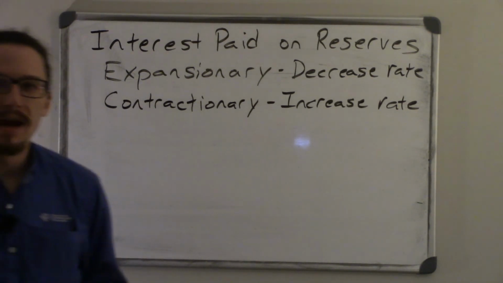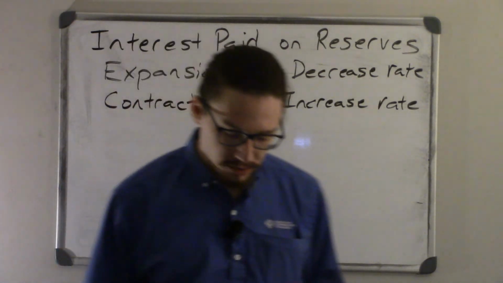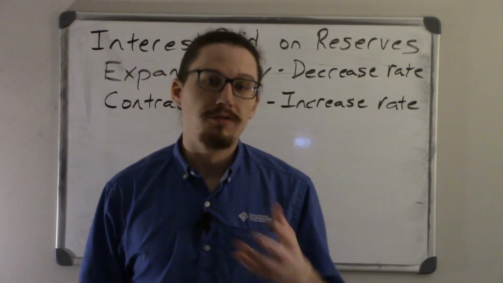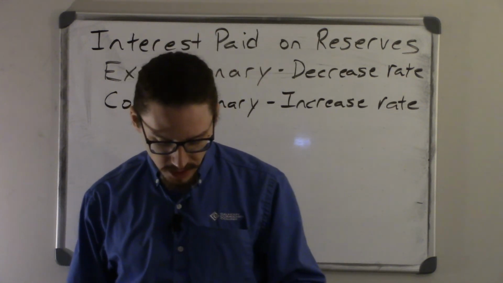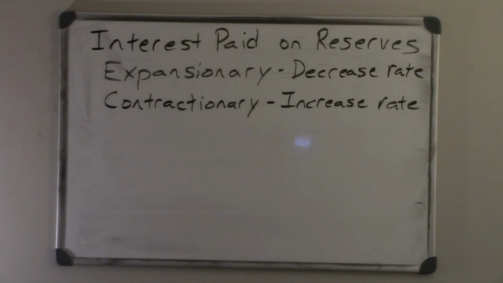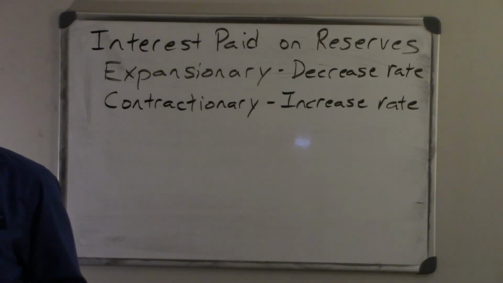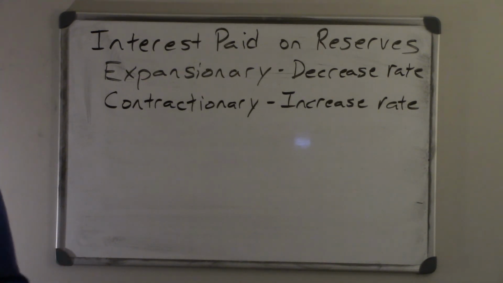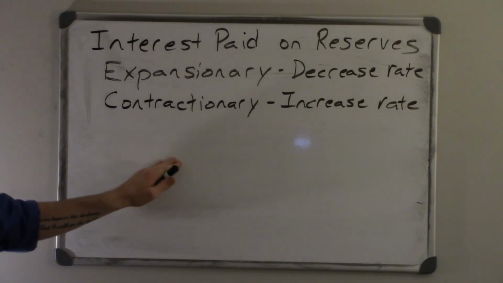So this is what the Fed uses to influence that aggregate demand curve, and therefore influence the macroeconomy. Also just introducing that idea of expansionary versus contractionary monetary policy and looking at how each of these tools would be used for expansionary or contractionary policy.